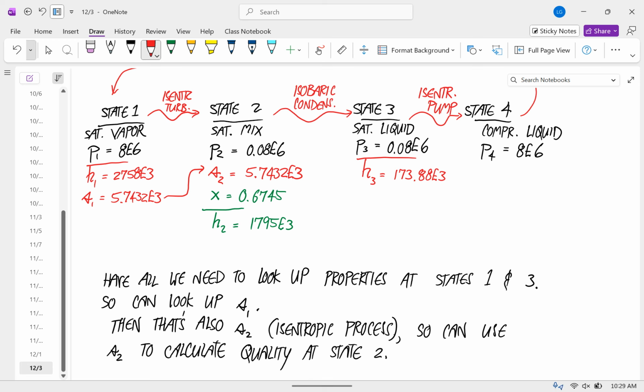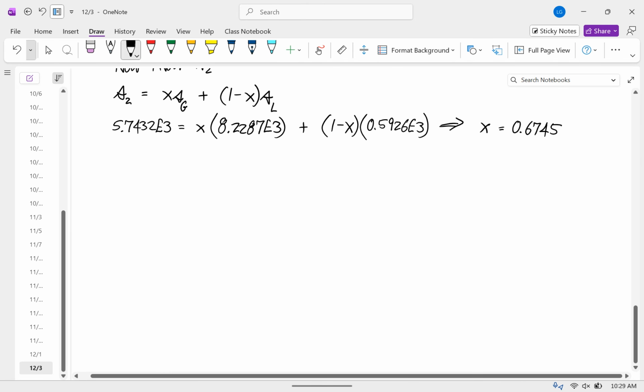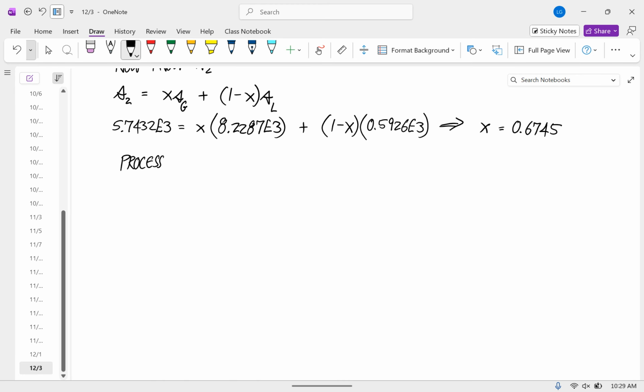And the last thing we need is the enthalpy at state 4. We don't have a way to get that from the website, because this is a compressed liquid, so we need two properties, and the only property we have is the pressure. But we can use the fact that it's incompressible. So the process from state 3 to state 4 is incompressible.